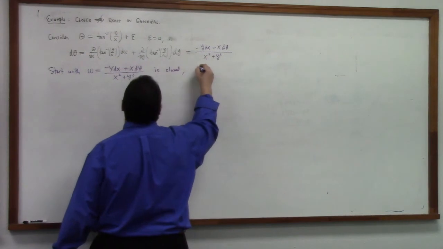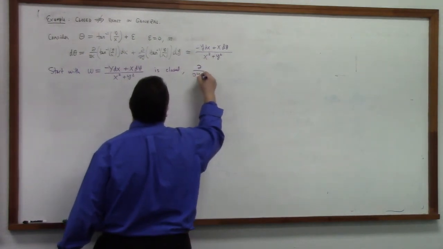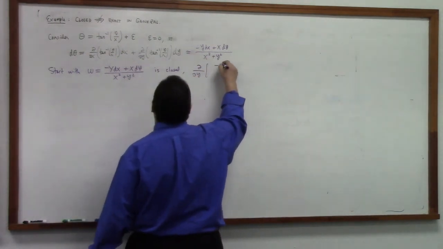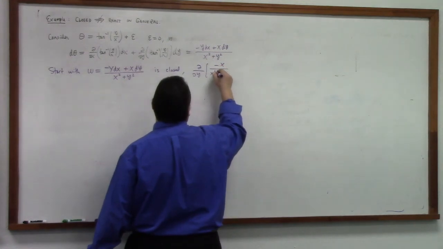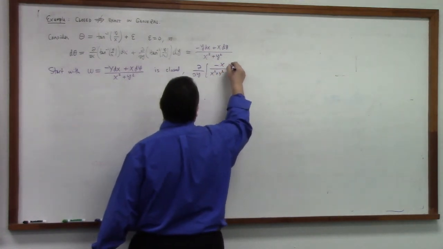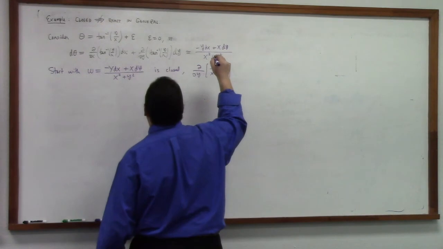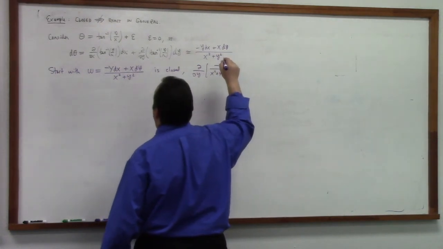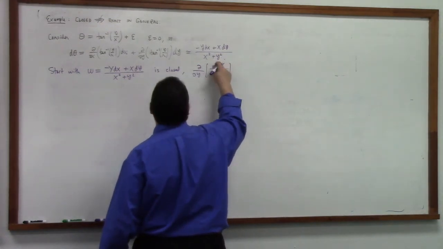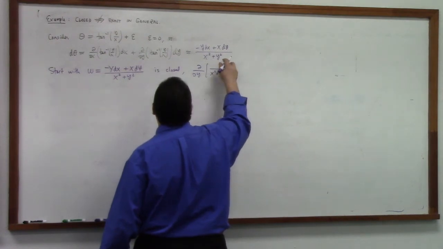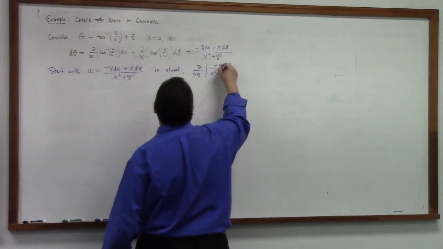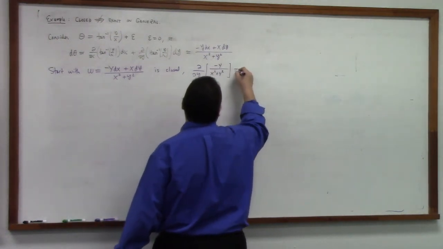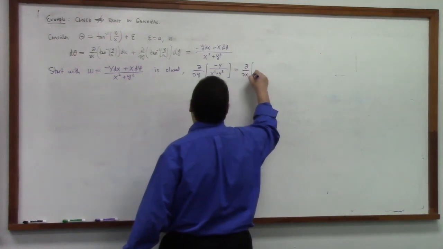because you can check that partial y of minus y over x squared plus y squared, this is the x component, is equal to the x derivative of the y component.